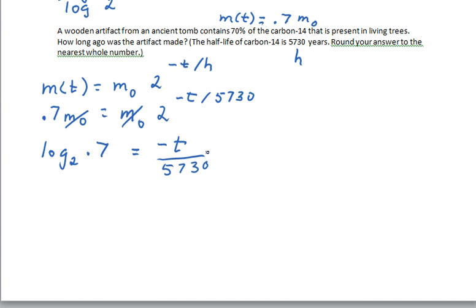Now I'm going to multiply both sides by a negative 5,730 to get negative 5,730, and use the change of base formula. So common log of 0.7 divided by common log of 2 will be equal to t.